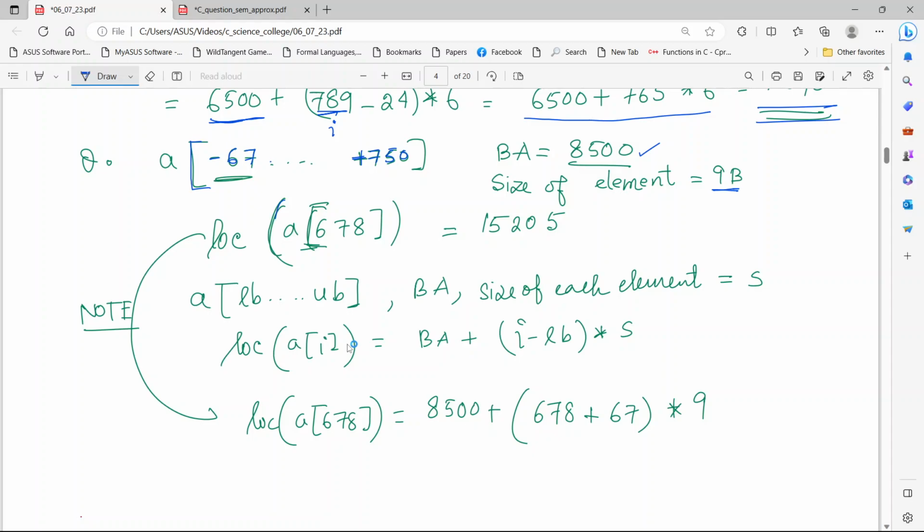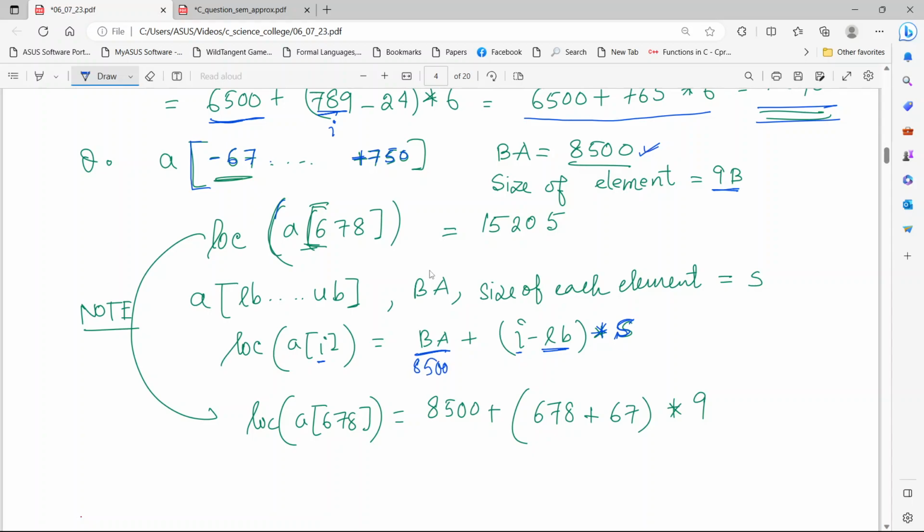If we want to find a particular location, what value do you need to find? The formula is the base address plus I minus the lower bound, multiplied by the size of each element, right? What is the base address? The base address is 8500, that is given.